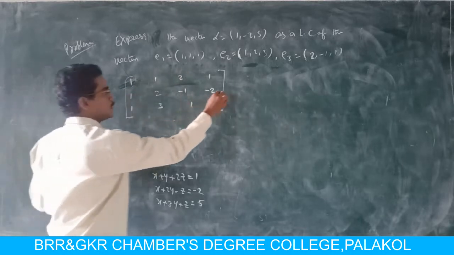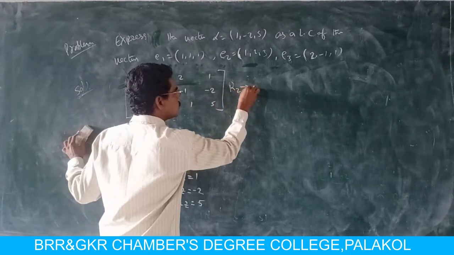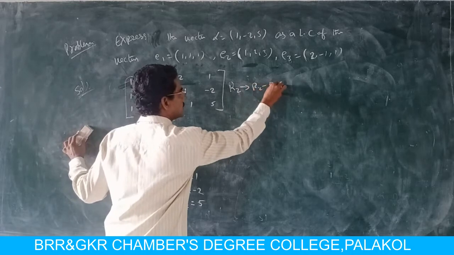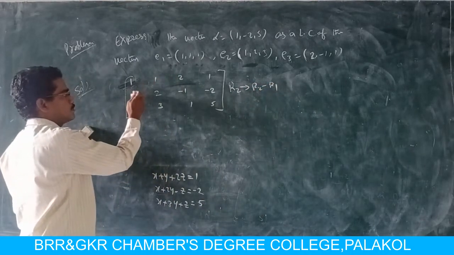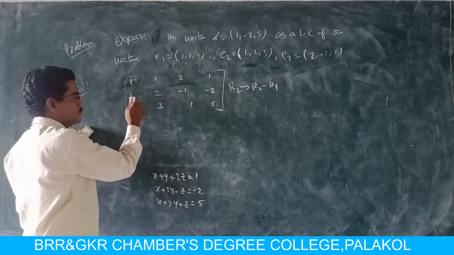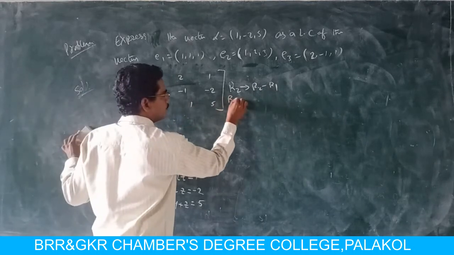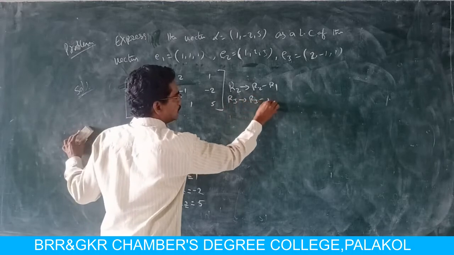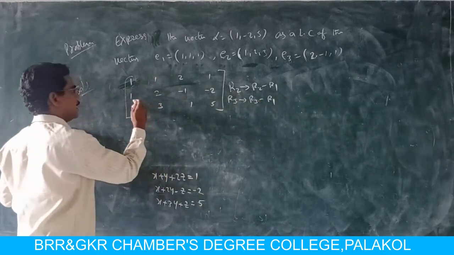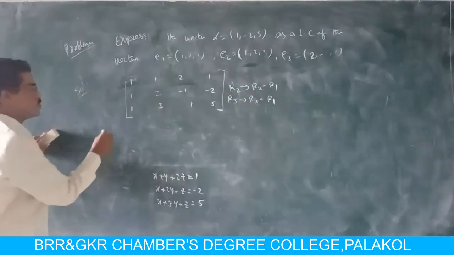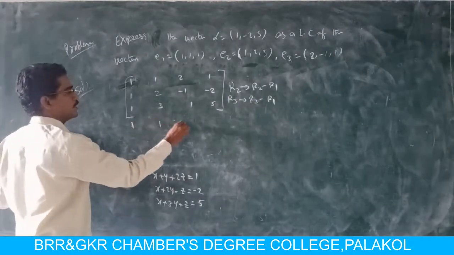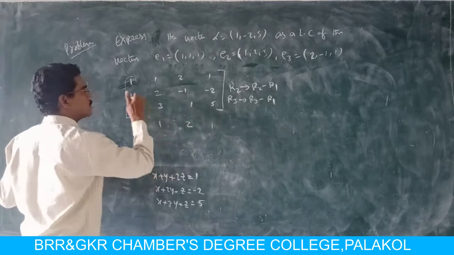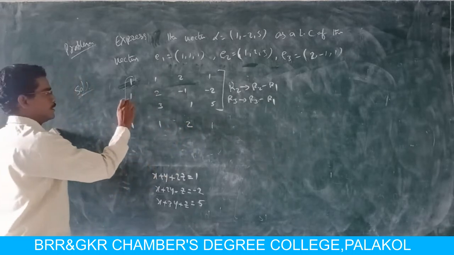Here, applying R2 tends to R2 minus R1. That means 1 minus 1 is 0. Next, R3 tends to R3 minus R1, again 1 minus 1 is 0. The first row is not changed: 1 1 2 1.